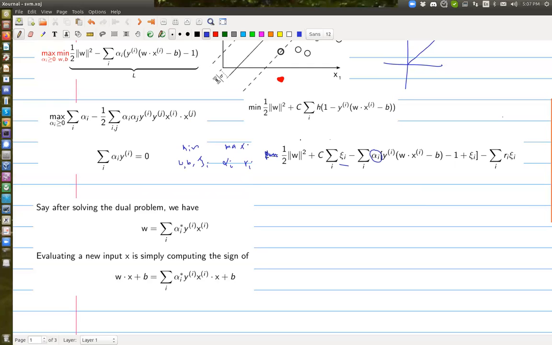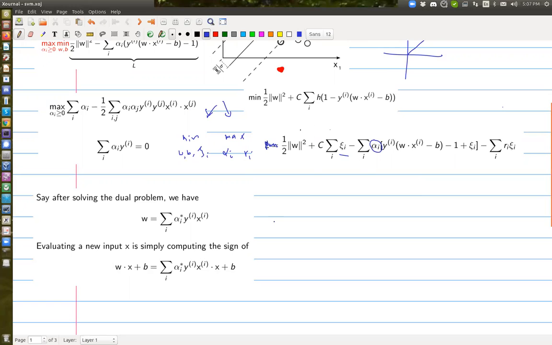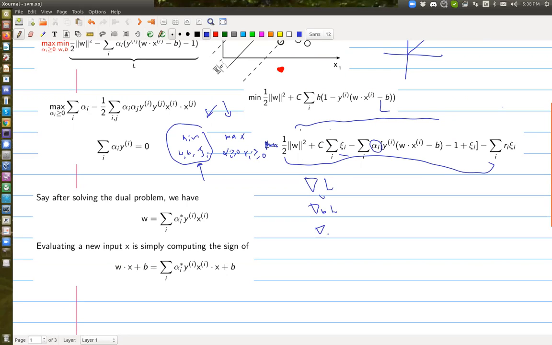Now I can again swap the optimization problem. The multipliers are bigger than zero here, but I will have an unconstrained optimization over this one, so I can again take the gradient of L with respect to W, B, and Ci, and set all of them to zero.